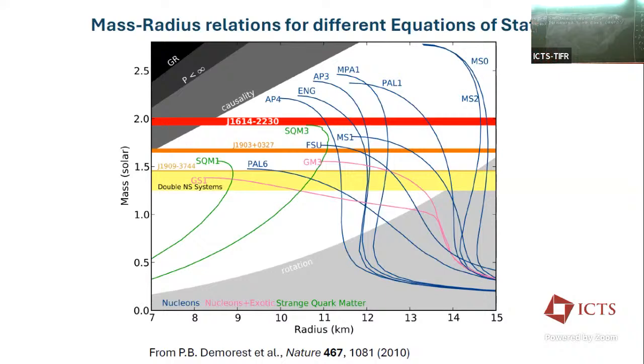The mass is more straightforward in some binary systems. But if you look at that diagram, even the mass alone is very informative. So we have one star, J16142230, the one on the top there, at 2 solar masses, that is just way above some of those equations of state. So a well-measured high mass alone helps.